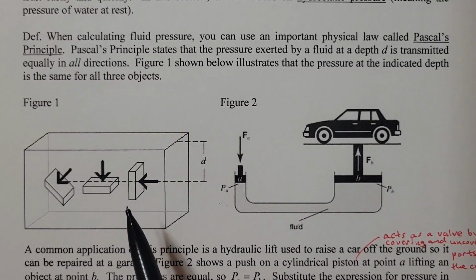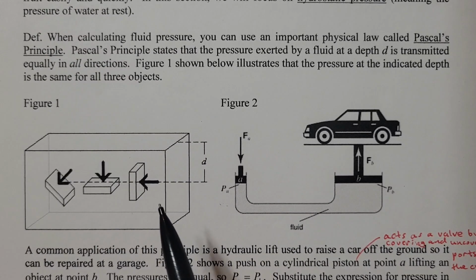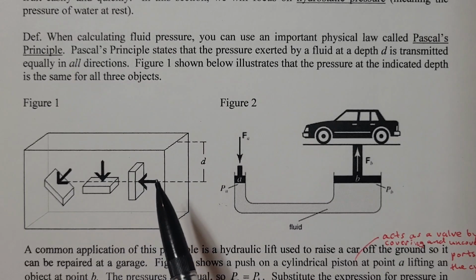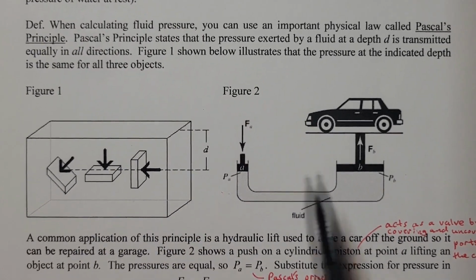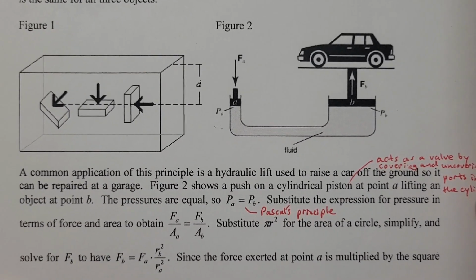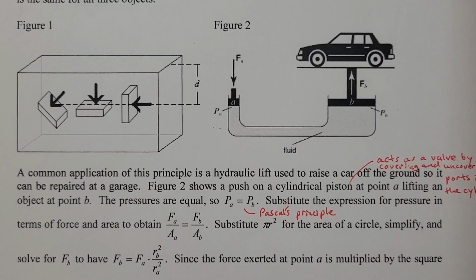Figure 1 illustrates that the pressure at an indicated depth is the same for all three objects. A common application of this principle is a hydraulic lift used to raise a car off the ground so it can be repaired at a garage.